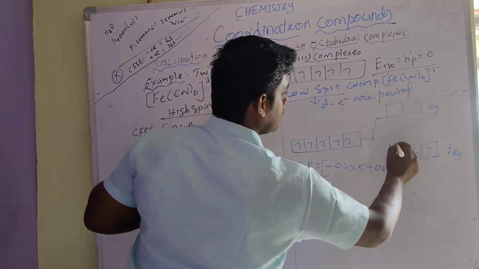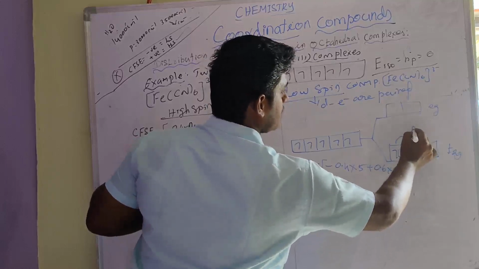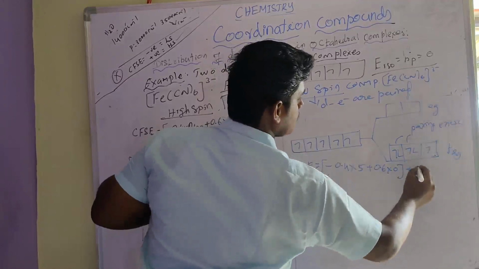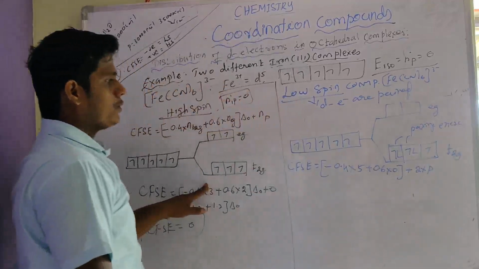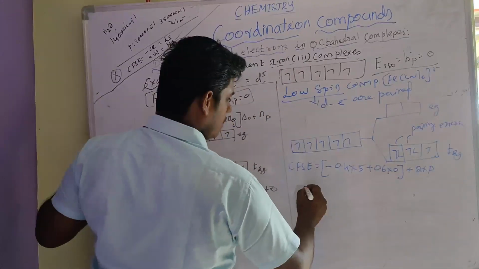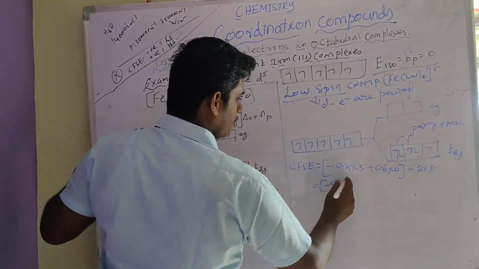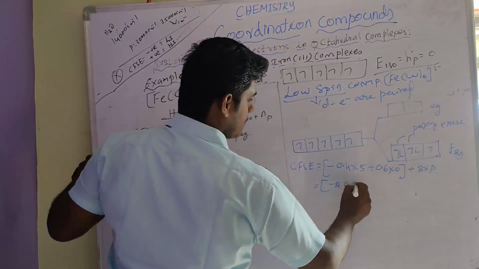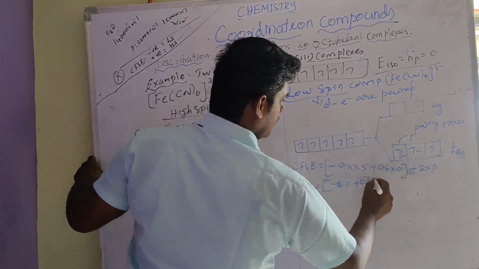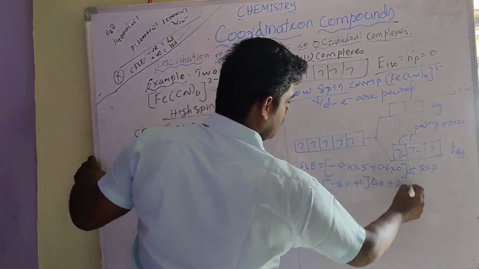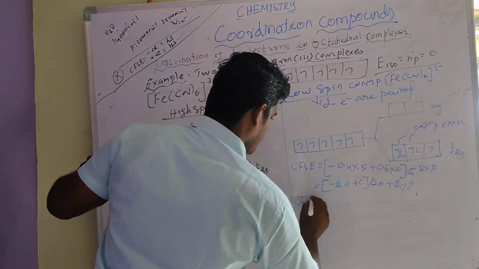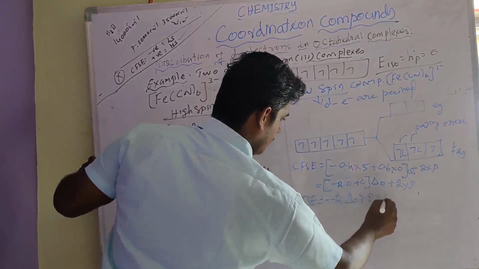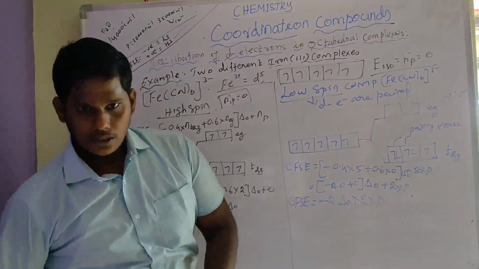Two pairs are formed, so 2 times the pairing energy P. So you get minus 0.4 times 5, which is minus 2.0 delta naught, plus 2P. So the crystal field stabilization energy equals minus 2 delta naught plus 2P.